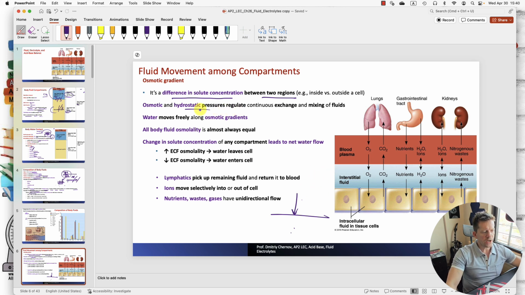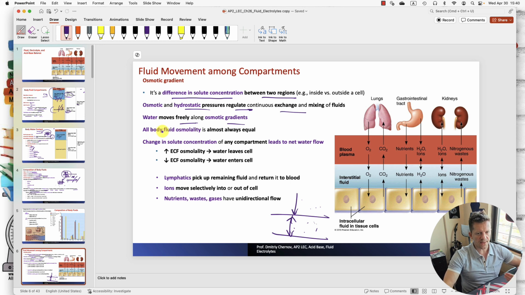And the hydrostatic pressure regulates continuous exchange and mixing of fluids, right? Because there's a pressure from outside and pressure from inside, but the solutes maintain the movement of water. Water moves freely along the osmotic gradient. Water goes down its concentration gradient, but towards the higher concentration of the solute.